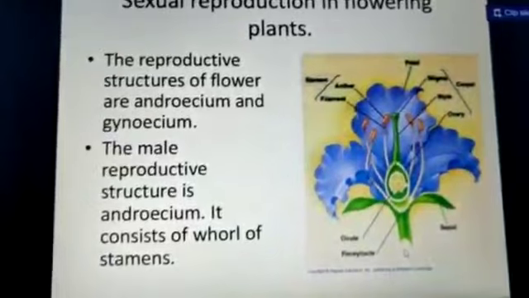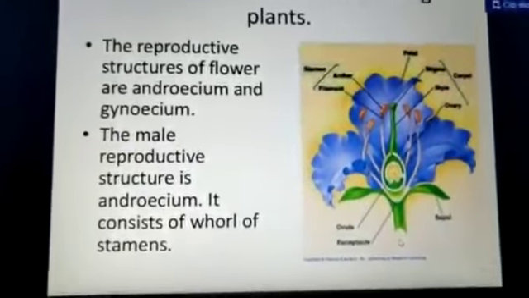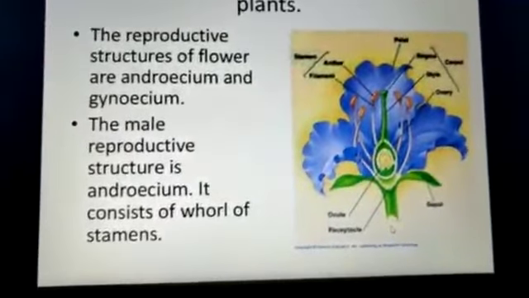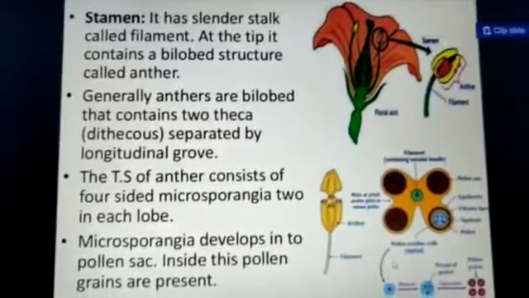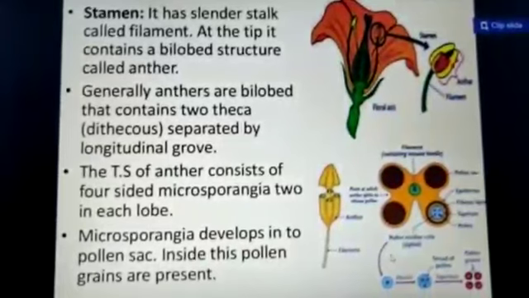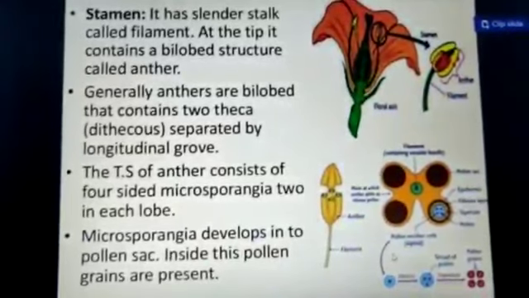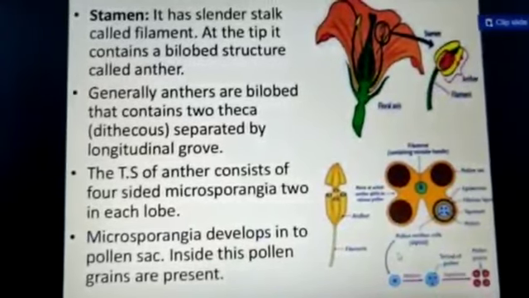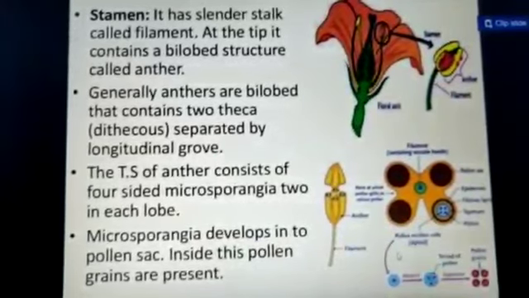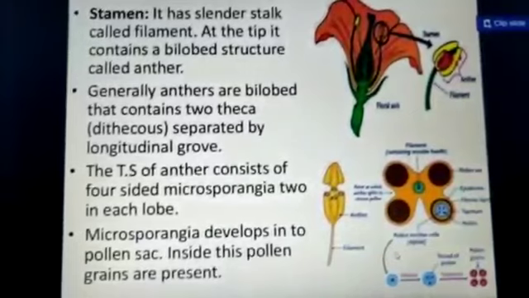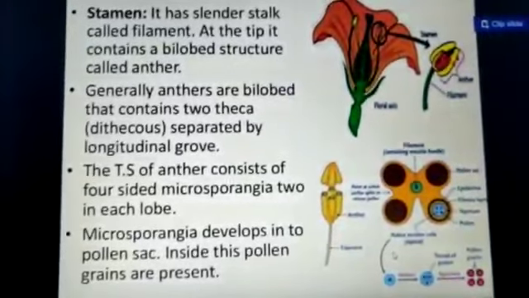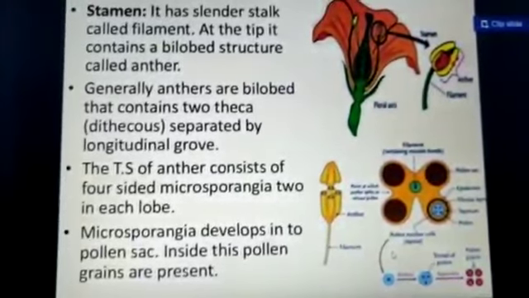The male reproductive structure is androecium and it consists of a whorl of stamens. Stamen has a cylindrical stalk called filament. At the tip it contains a bilobed structure called anther. Generally anthers are bilobed and contain 2 theca, 2 lobes separated by a longitudinal groove.